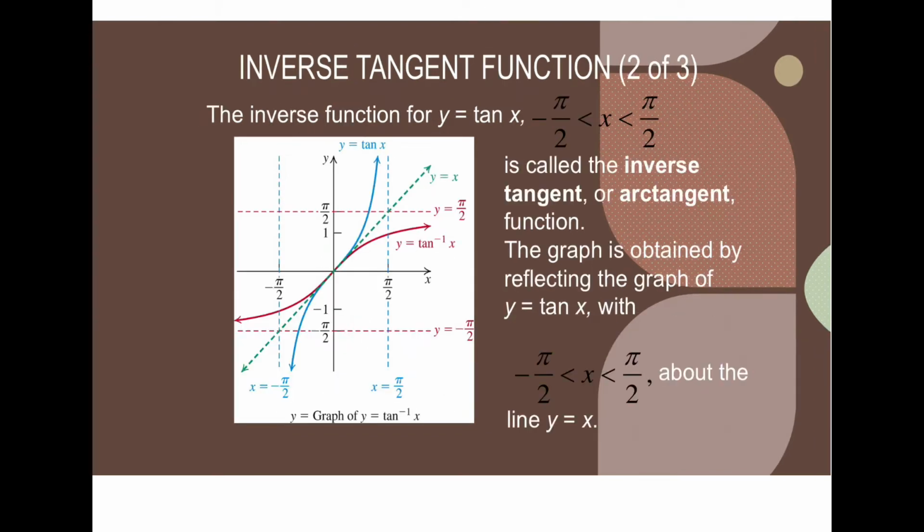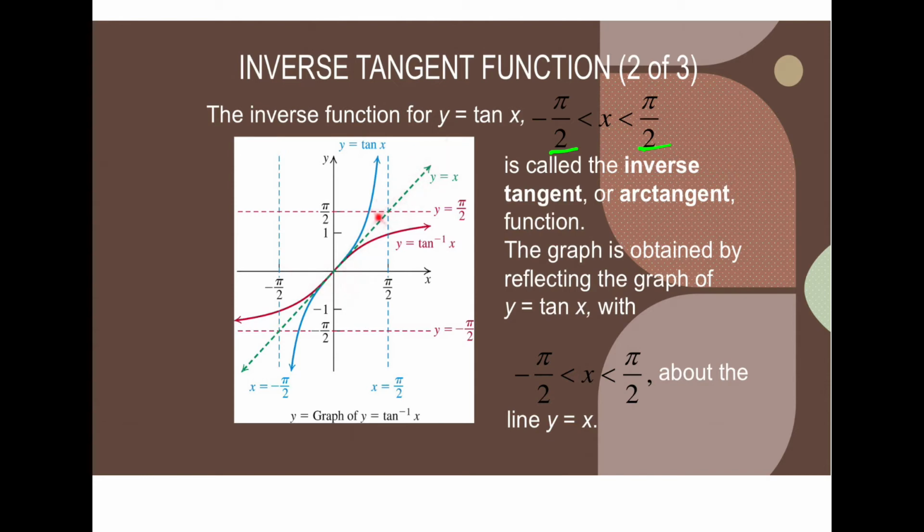We can see here that it looks a little clumped together here. There's a lot going on. The inverse function for tangent of x, we restricted it from, this is the regular tangent, negative pi over 2 to pi over 2, is the inverse tangent or arctangent function, and the graph is obtained by reflecting the graph of y equal to tan of x with restrictions from negative pi over 2 to pi over 2 about the line y equal to x.